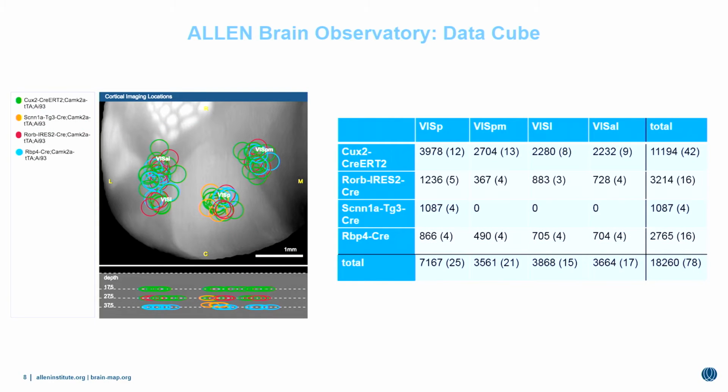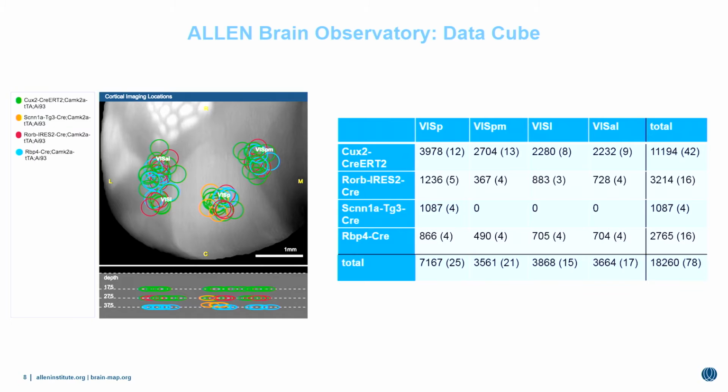So the result for our first release of the Allen Brain Observatory is that we've got a data set that includes over 18,000 neurons that are spread across 4 different visual areas. So data is collected in primary visual cortex, PM, LM, and AL. Each circle here represents a single experiment, and the colors then correspond to the 4 different Cre lines that we've used so far for this product.